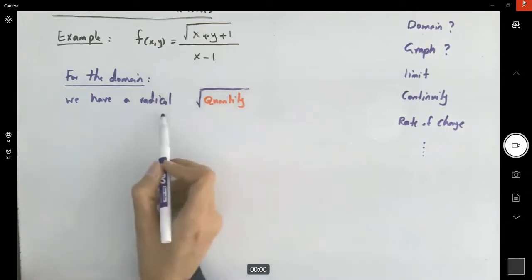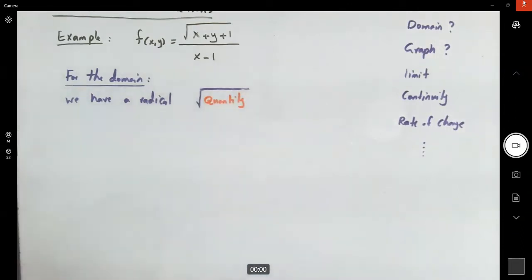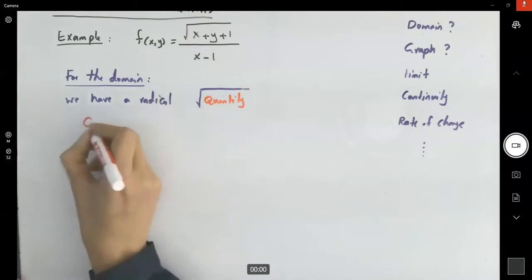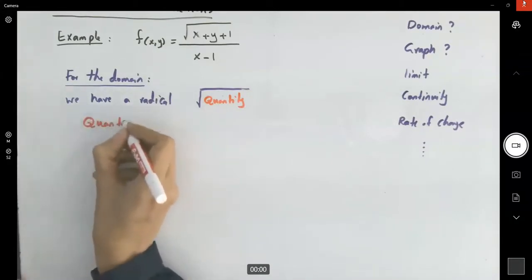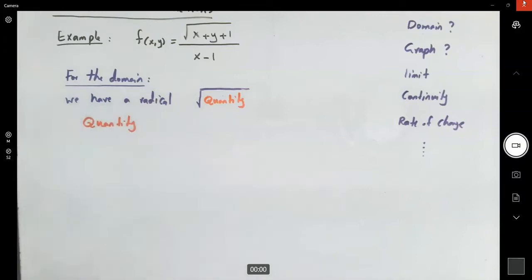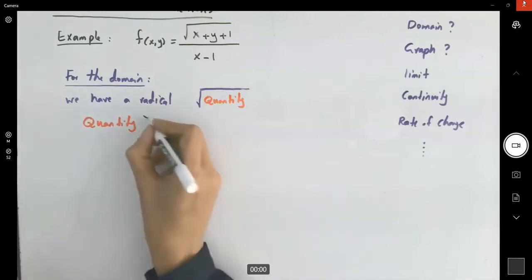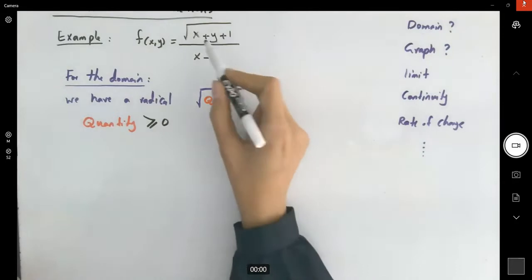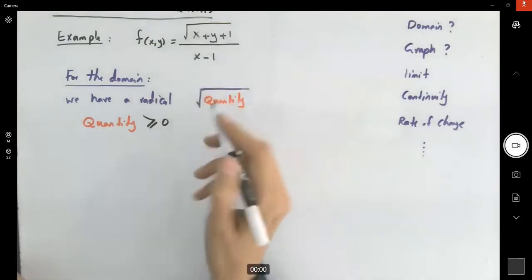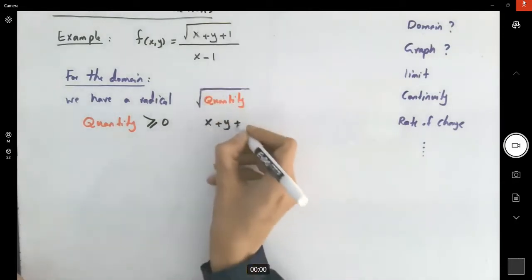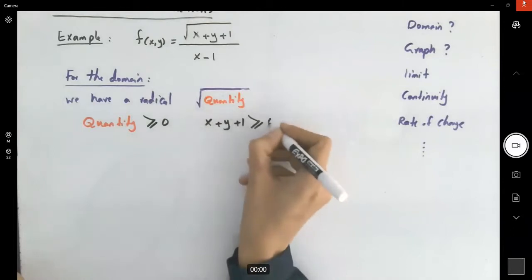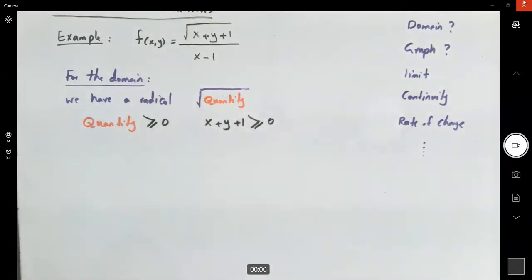So this is your very first step. This is the quantity inside the radical, x plus y plus 1. This guy must be larger than or equal to 0.